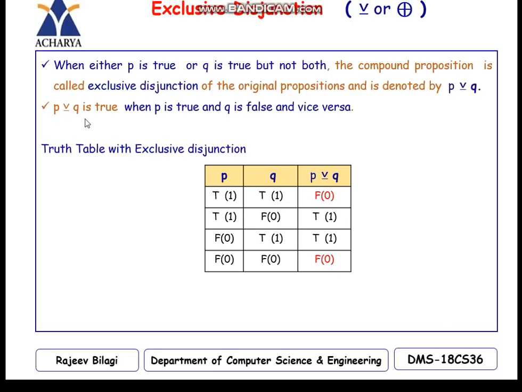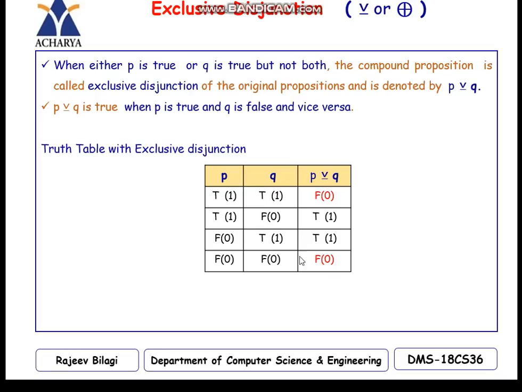So this is true only when P is true and Q is false, or vice versa. That is, any one of P and Q should be false, but not both.